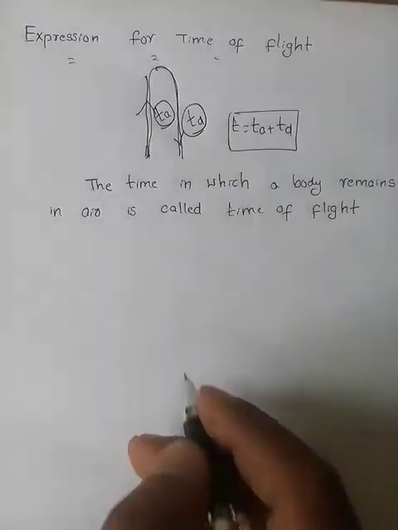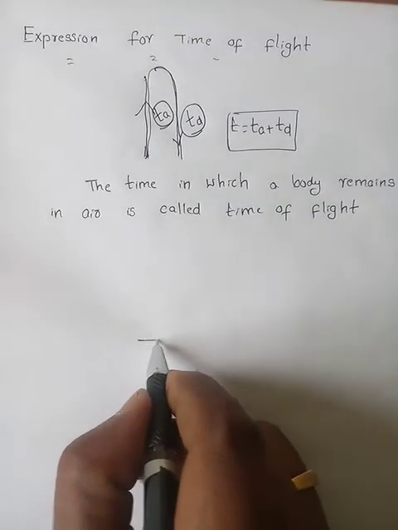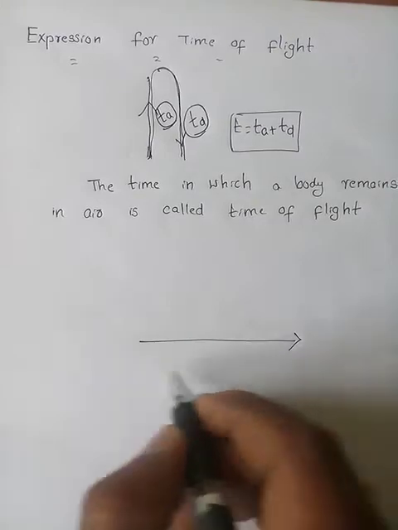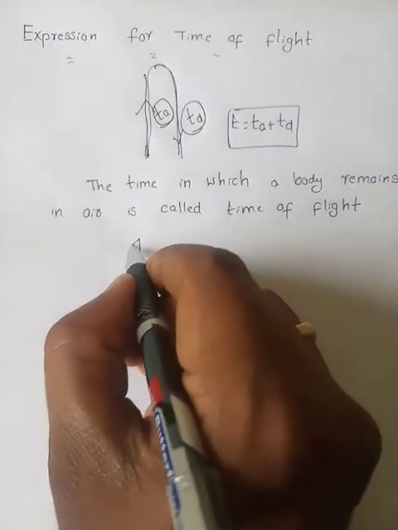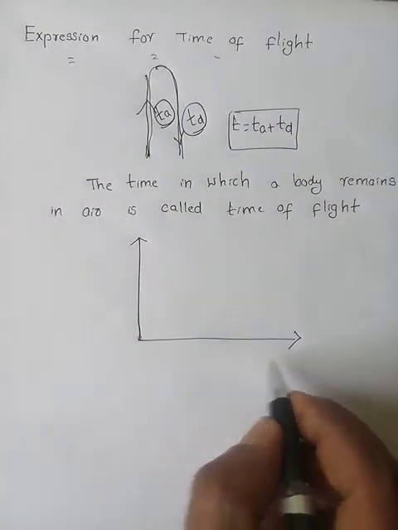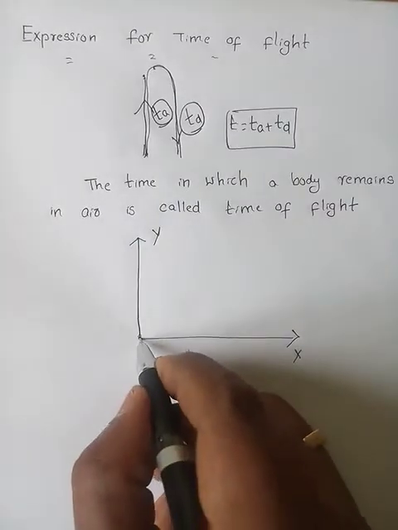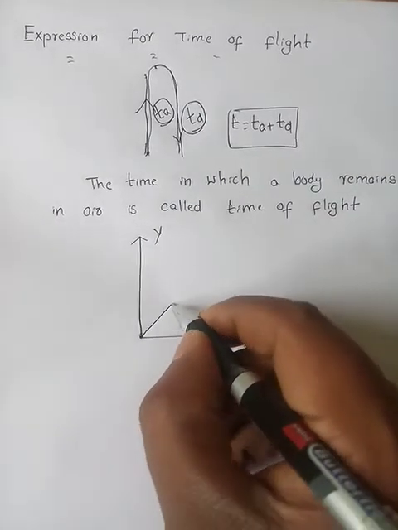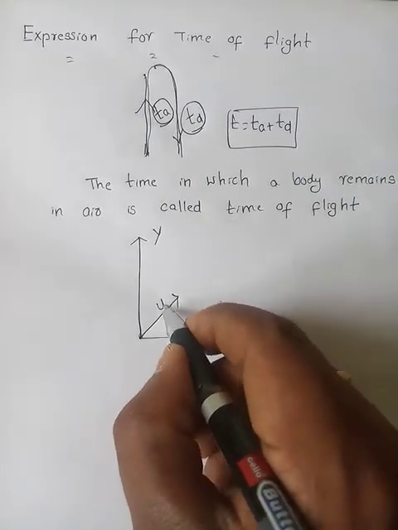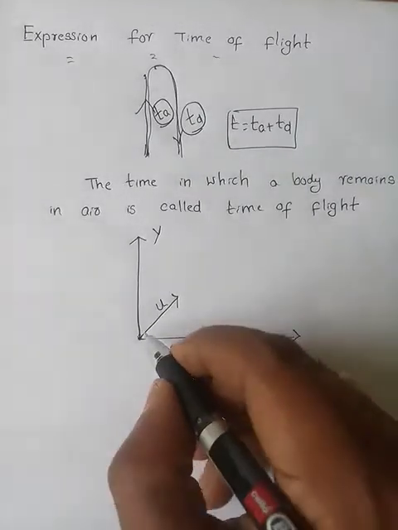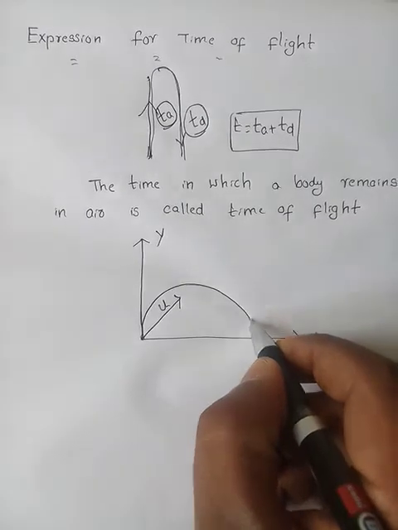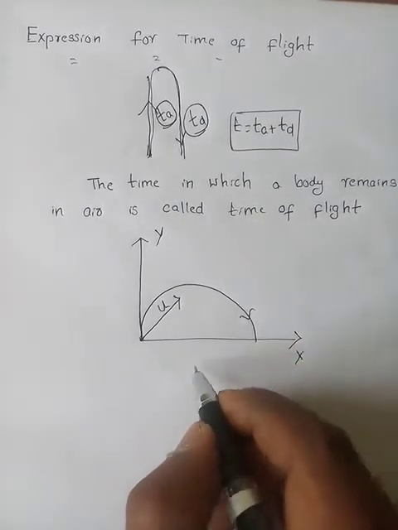Now the same diagram you should draw each and every time, because there is 1 mark for the diagram. If you won't draw, you will lose the 1 mark. This is the x axis and this is the y axis. Let us project a body with an initial velocity u. It follows a path like this.